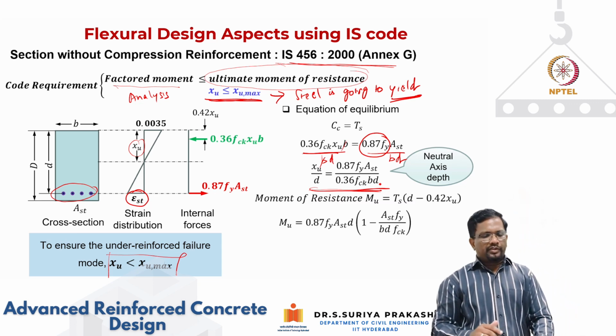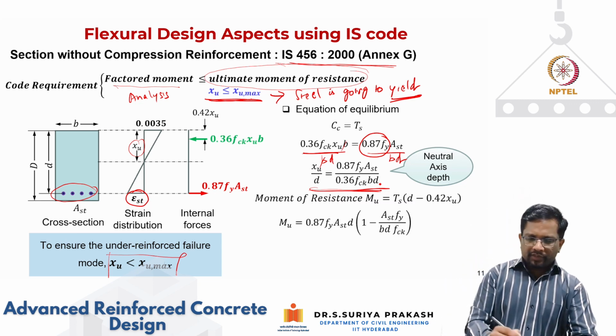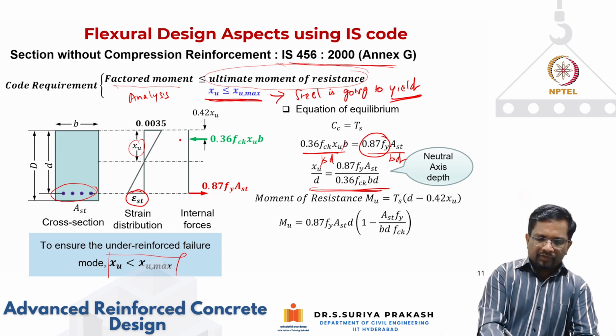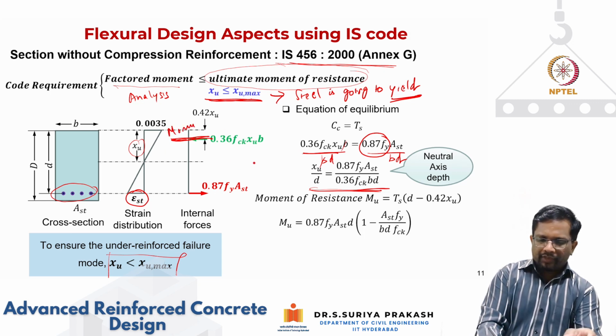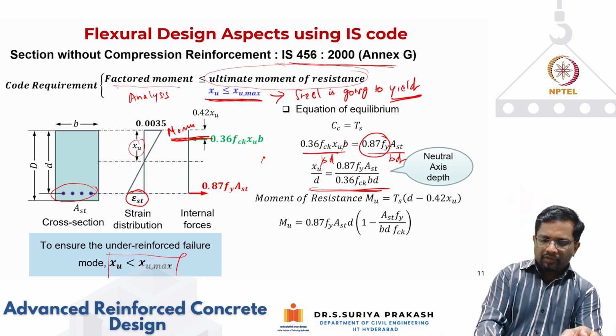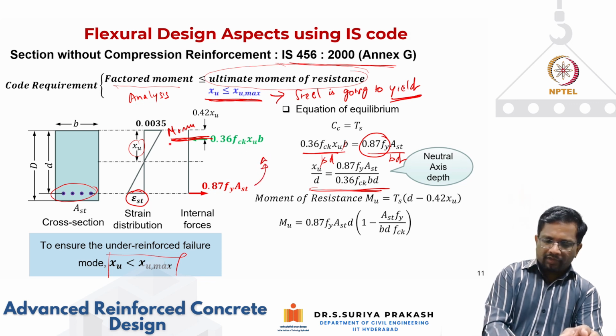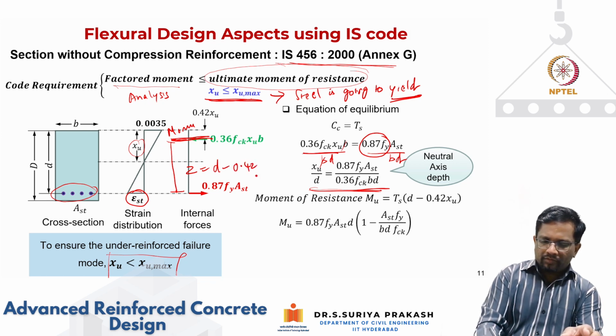Now the moment of resistance, of course, we can calculate. Let's say I am calculating the moment of resistance about this point, so this force will not come. I'm taking moment about this compression point. It is going to be this, and my lever arm is this, and the lever arm we know is basically d minus 0.42 xu.